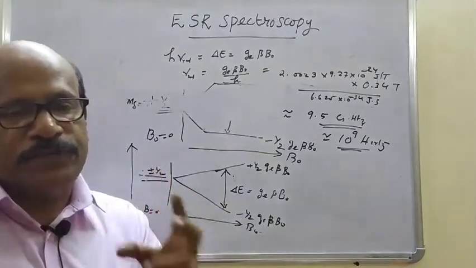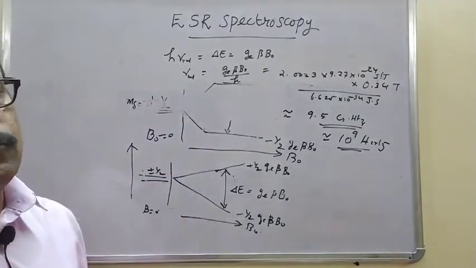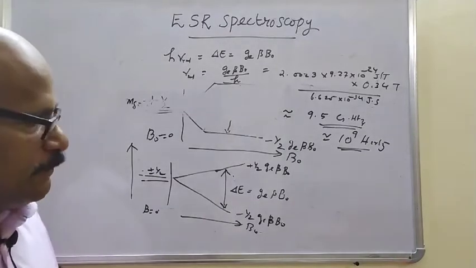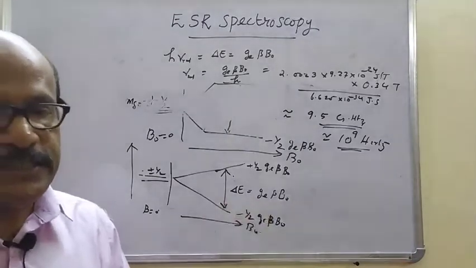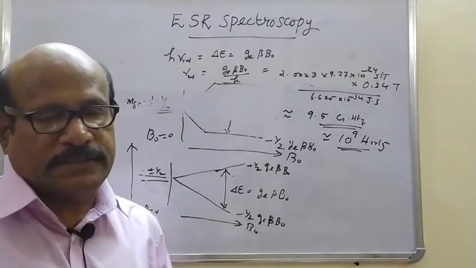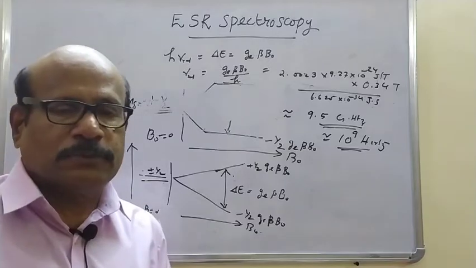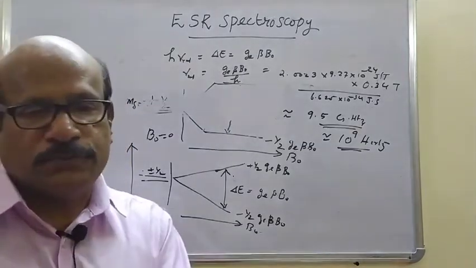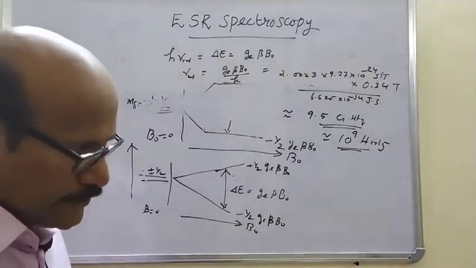So we can affect the electronic transition in any paramagnetic molecular species by exposing it to radiation in the microwave region, while placing the molecular system in a magnetic field of 0.3 to 0.4 Tesla. That is the principle.